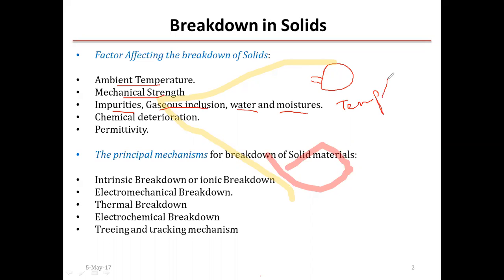The one is the internal, which is formed by the current flow, and the other is the external, which is due to the temperature of the environment. Okay, so these two can affect the solid dielectric.